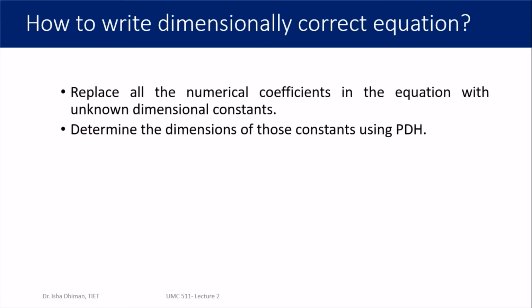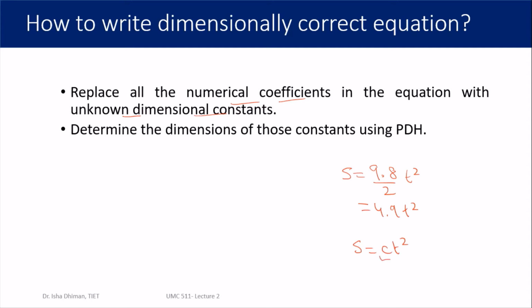So this is what I have summarized here. You replace all the numerical coefficients in the equation with unknown dimensional constants. For example, which I have just explained, instead of writing your equation like this, you write it like this.